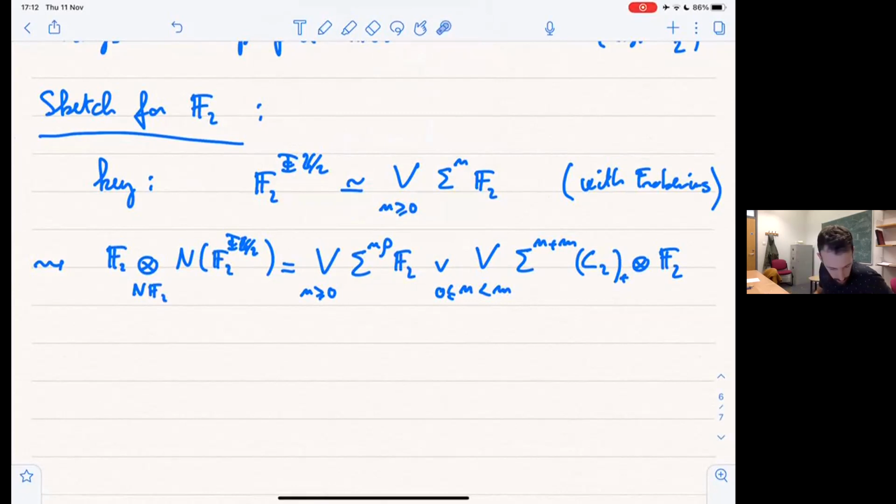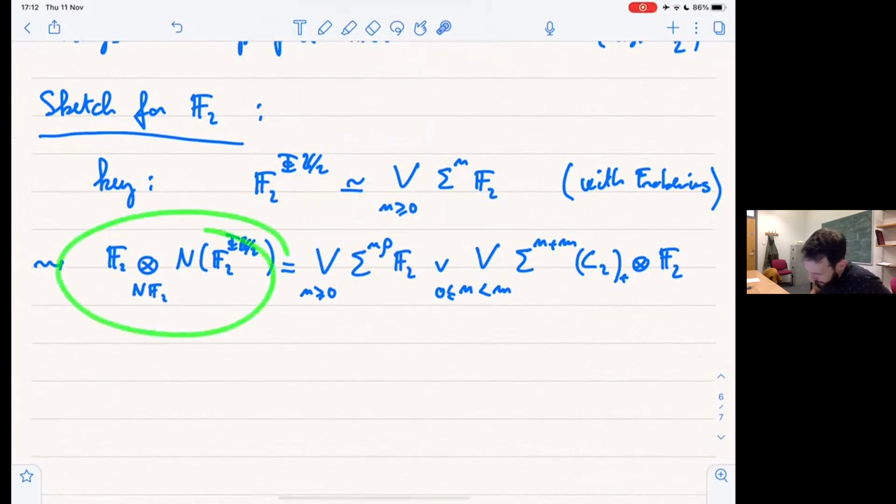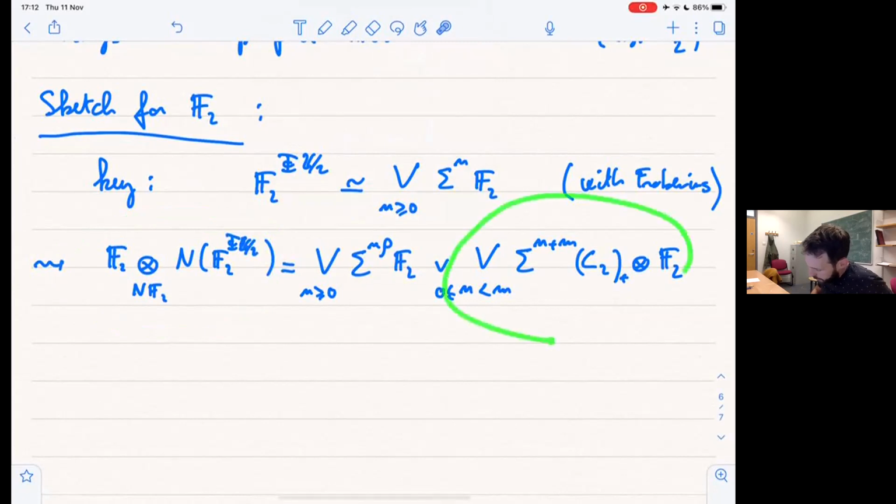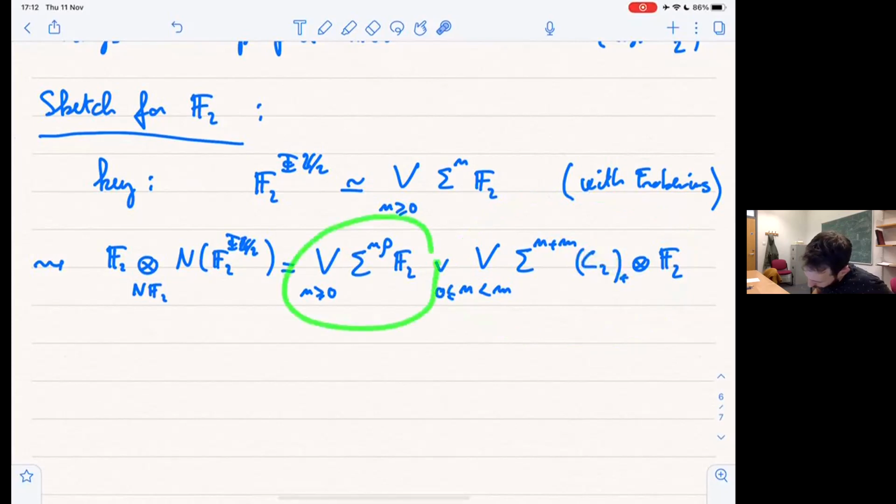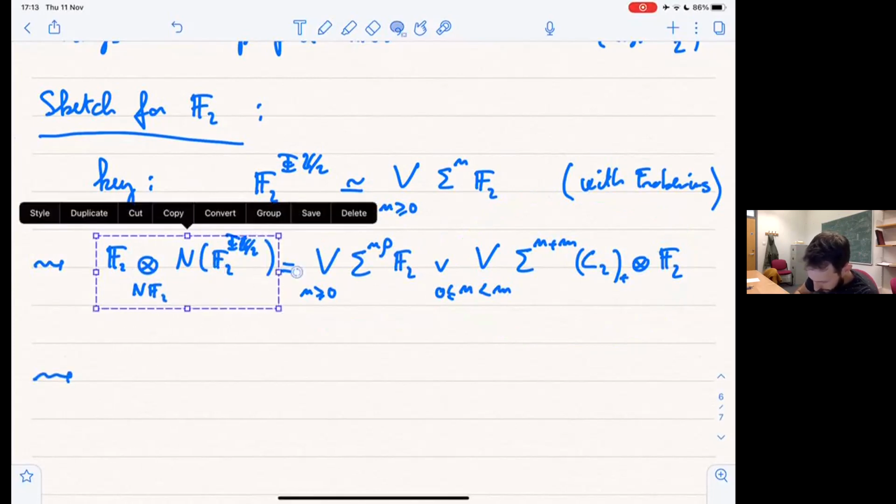Right, and so now you can compute the fixed points of this. Here is no problem, these are induced, so for the fixed points you just kill off this C2 basically. And now here you need to compute fixed points of some suspensions by the regular representation, and this boils down to some calculation in Verdier homology, but you can compute what it is, and it's not so bad.